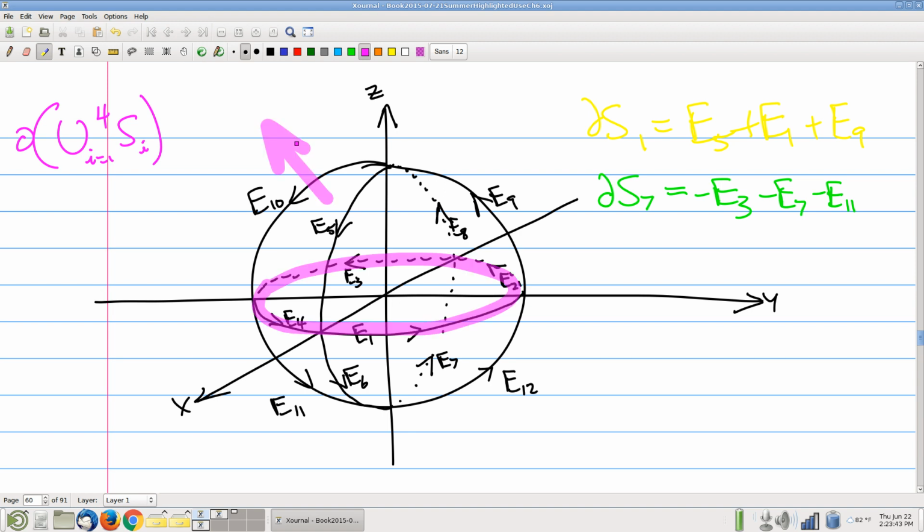The normal vector is that way. Thumb, fingers, swirl. It's going to be going like this. All right, so there's the boundary of the upper hemisphere. Everybody on board? And we can write down what that is. Again, look at the pieces. So, plus E1, plus E2, plus E3, and plus E4.